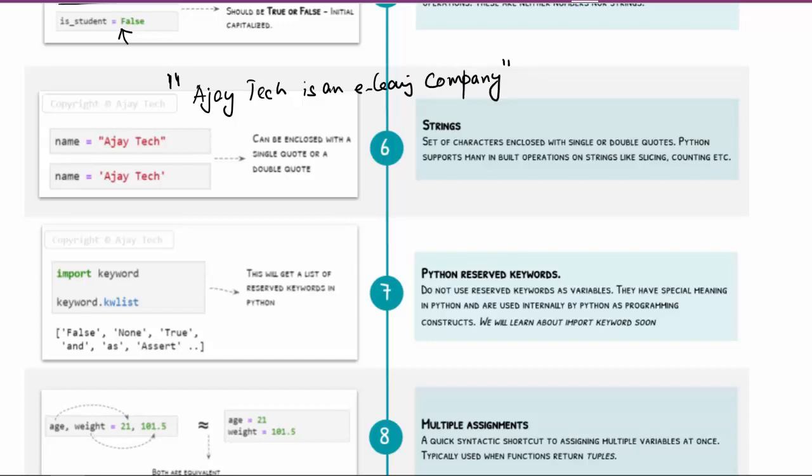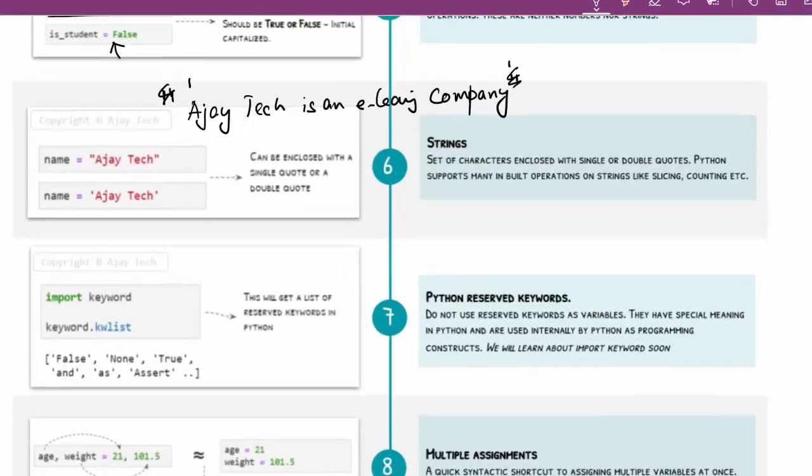You can use either double or single quotes, it's your choice. There are many inbuilt methods as well, like slicing or counting. These are all operations that can be performed on a string that Python supports right out of the box. And again, as we go through the course, we'll see examples of what we can do with strings.